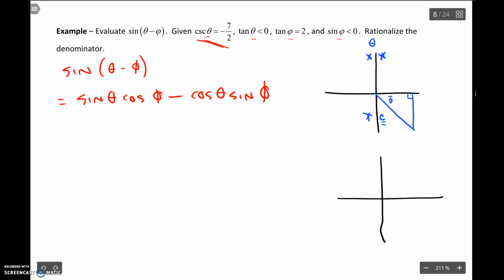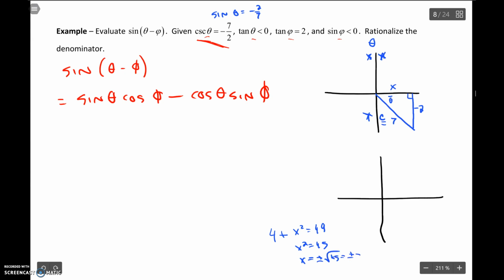If the cosecant is that, then the sine is negative 2 over 7. So the sine is opposite over hypotenuse, 2 over 7, and since it's down, we'll call that a negative 2. Pythagorean theorem to find the last side. Do this off to the side and then erase it. Negative 2 squared is 4 plus x squared equals 49. x squared equals 45. x equals plus or minus the square root of 45.